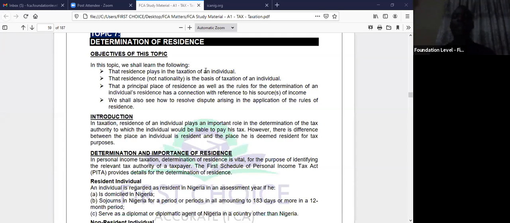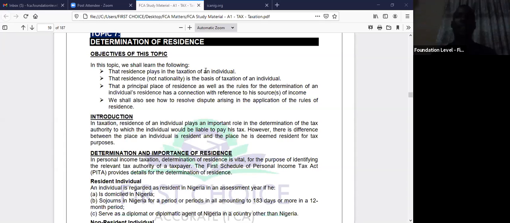So we are talking about how we can determine the taxing authority that is qualified to tax an individual. Now, an individual is taxed based on what kind of income he earns. If this person is earning salary, who is his taxing authority? If this person is earning income from his business, he's not a company, he's a sole proprietor or a partnership, where will it be taxed?